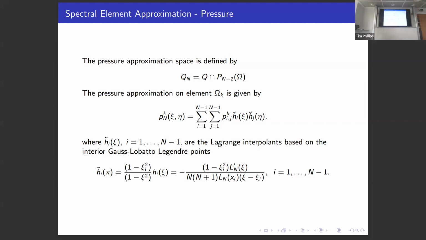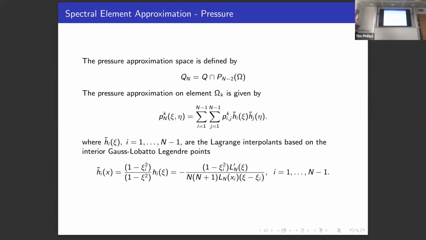What I mean by that is that the spaces will not satisfy the discrete equivalent of the inf-sup condition that was developed by Babuska and Brezzi, also known as the LBB condition. So you have to be careful in choosing the approximation spaces for velocity and pressure.